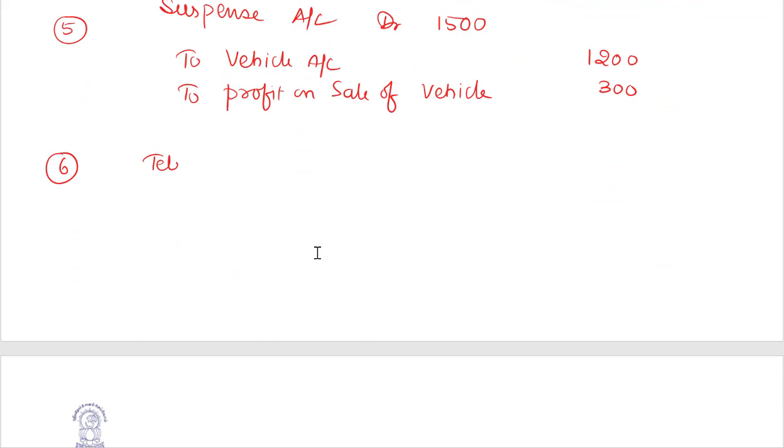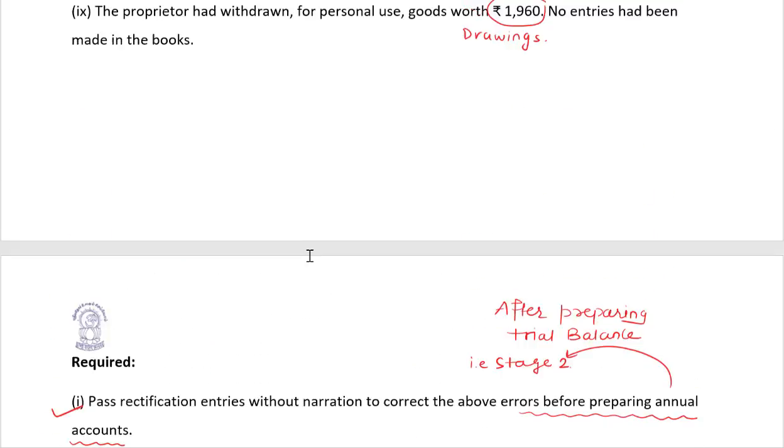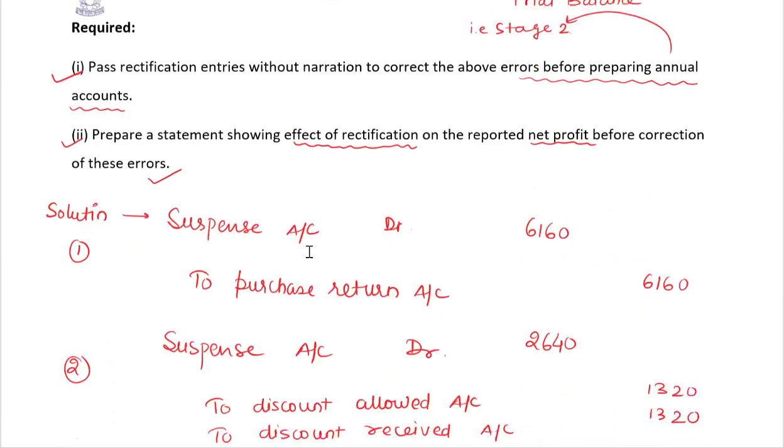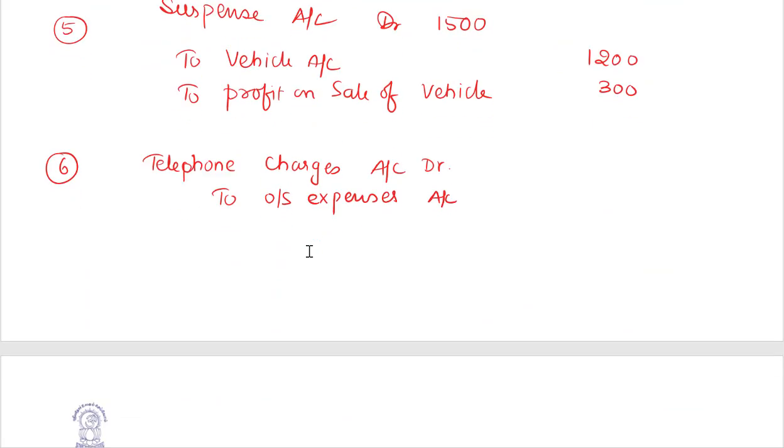Just write telephone charges account debit to outstanding expenses account and the value is 560. Just write 560.